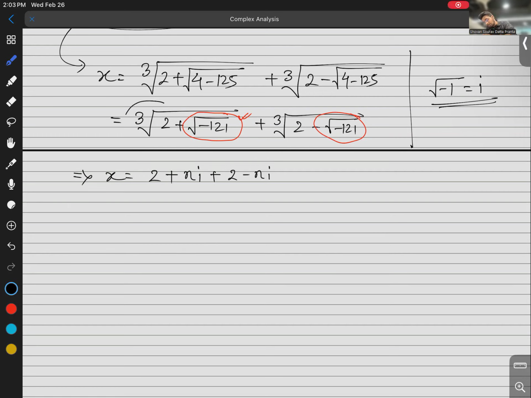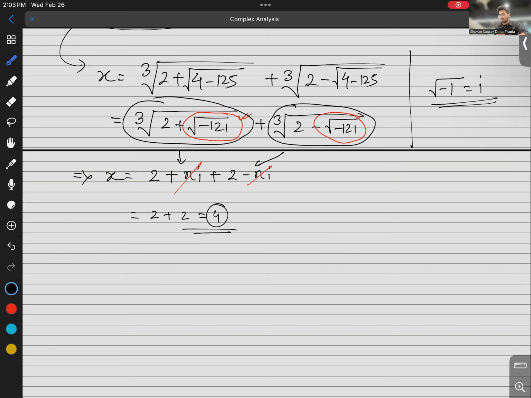So 2 plus ni is the solution of this part, and 2 minus ni is the solution of this part. Then he just cancelled out this imaginary or weird part, and finally got the solution as 2 plus 2 is equal to 4.